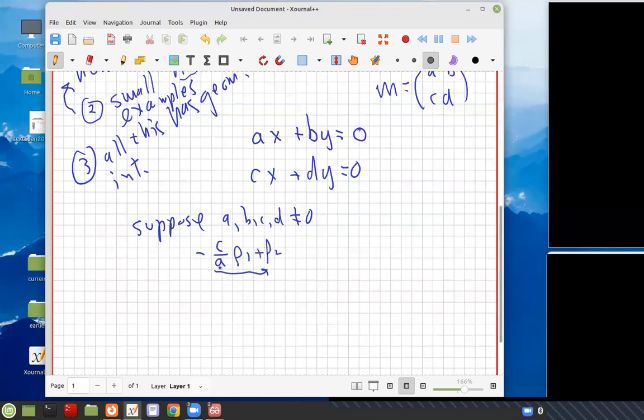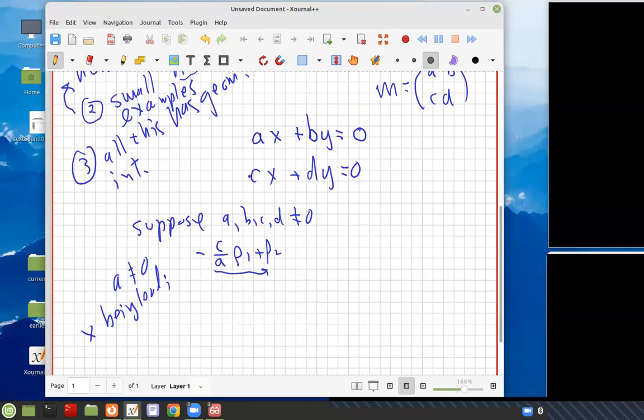You can see that this assumes that A is not 0, right? If A is not 0, then this is equivalent to X being leading, because if A is not 0 and C is 0, then X is leading.